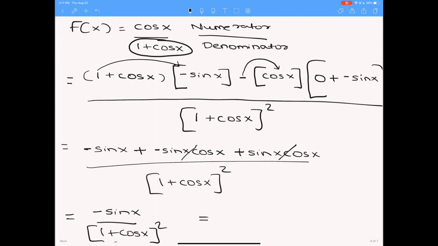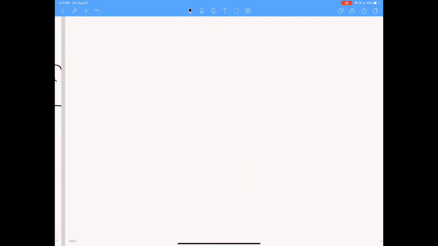Our final answer would be negative sine x divided by 1 plus cosine x the whole squared. I hope it makes sense. Basic stuff, you just need to know your basic derivatives and just apply the quotient rule. We could do one more quick problem.